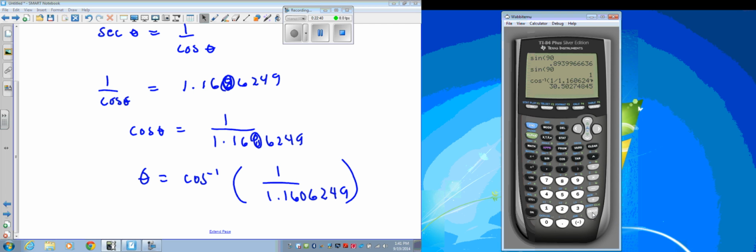So it's a little over 30 degrees. So that's what you're going to have to do with those in order to use your calculator.